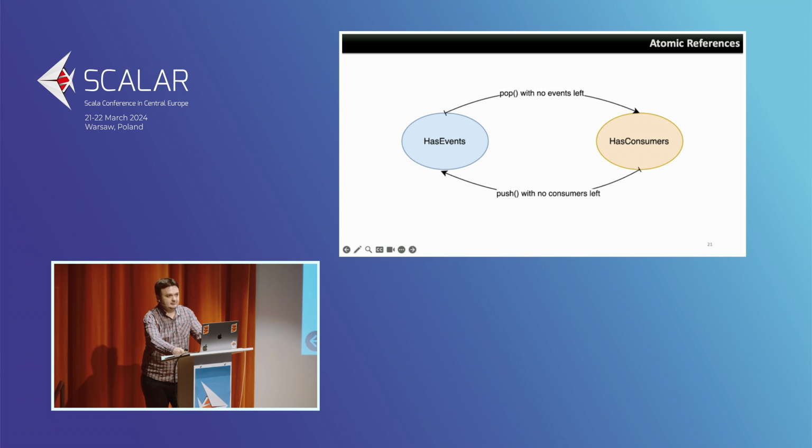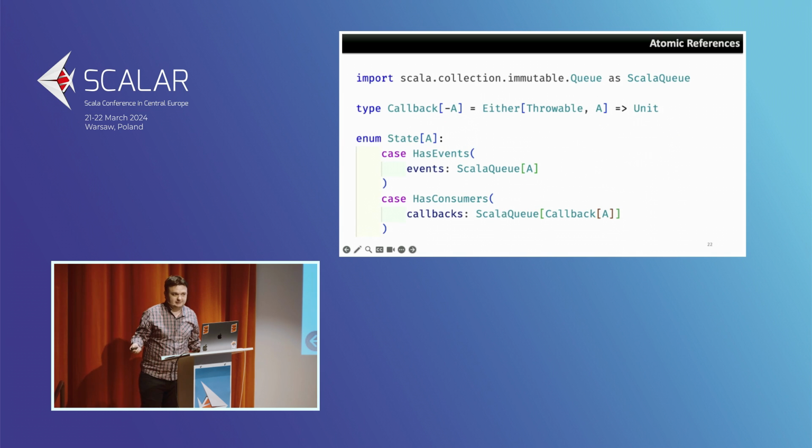So when the queue is empty, we start collecting consumers that are semantically blocking, right? And then once we start receiving events again, the consumer queue is going to get depleted, and then we evolve into the has-events state again. It's a simple state machine with two states. We either wait on events or we wait on consumers, and it's a really useful mental model.